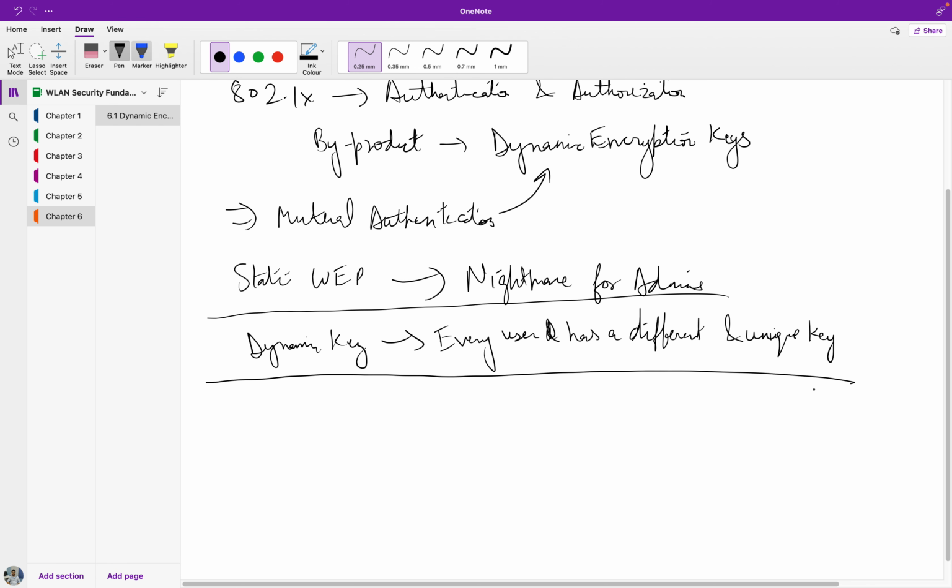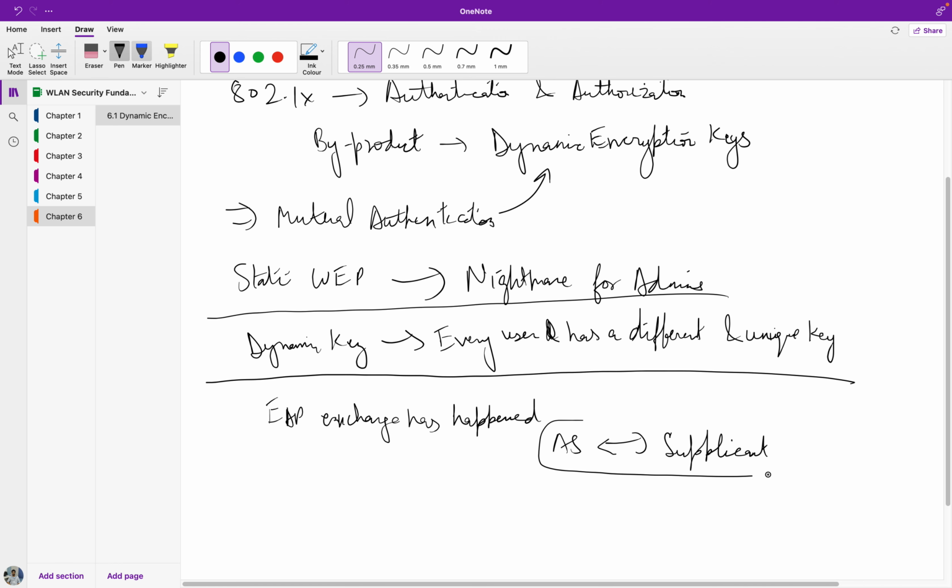Now after the EAP frame exchange has happened, where mutual authentication is required, both the AS and the supplicant know quite a bit about each other, because they actually exchanged frames between them. They have exchanged credentials.